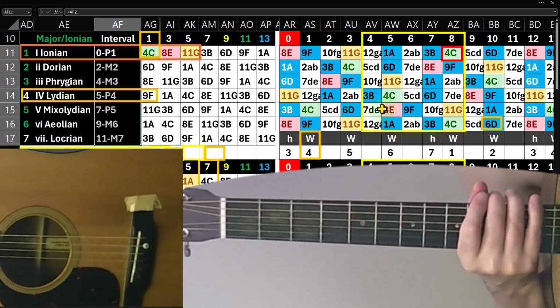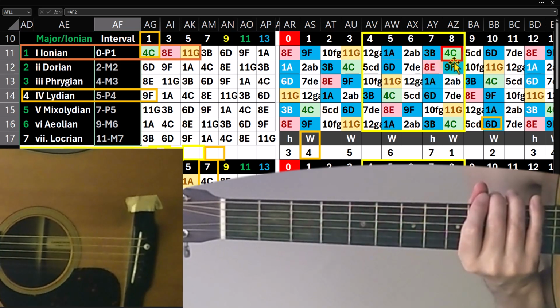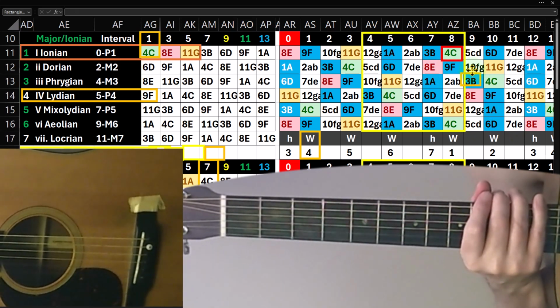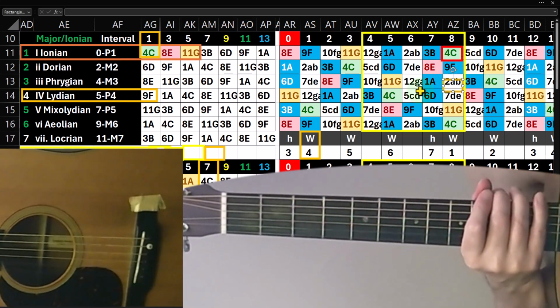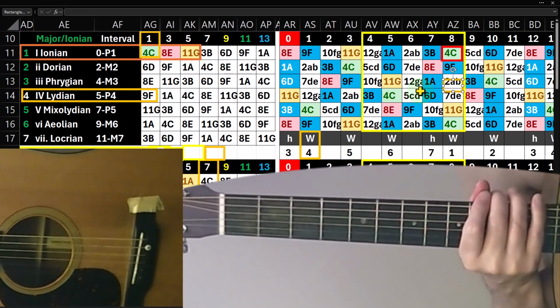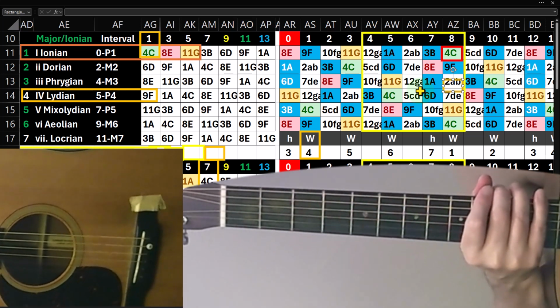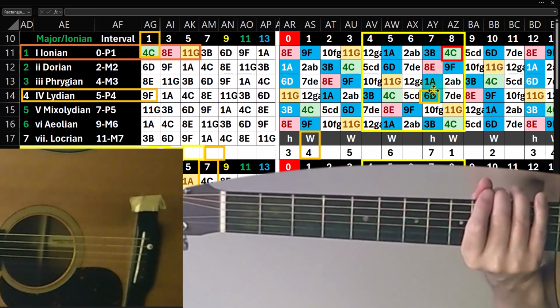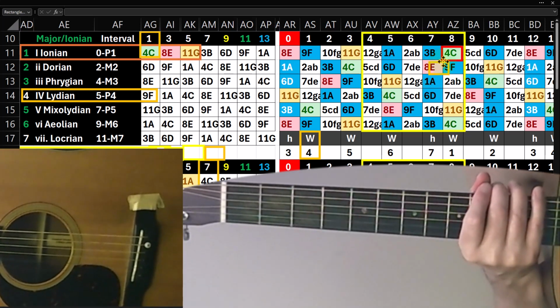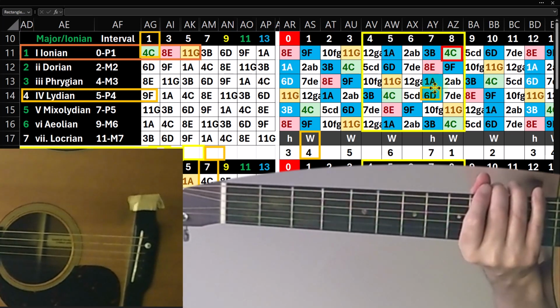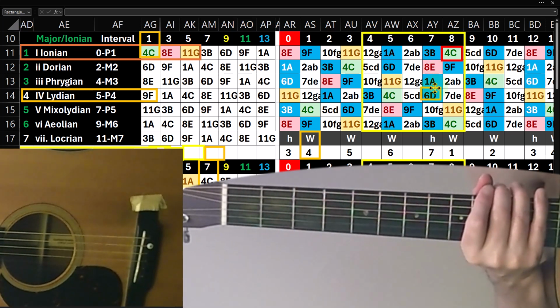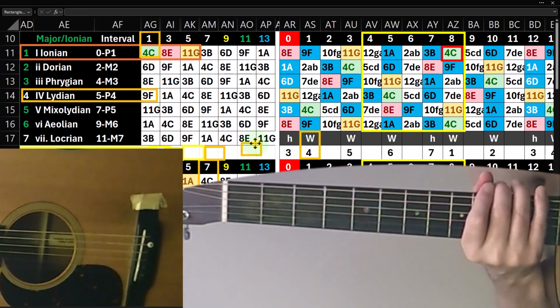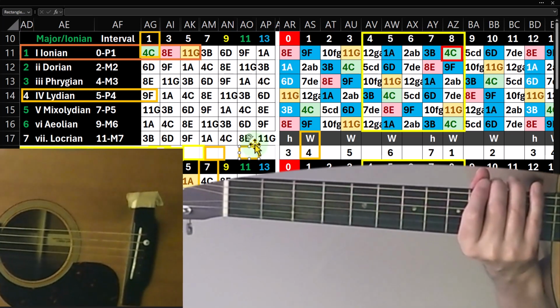So if you're walking up the scale, I could break up the scale anywhere I want if I know whether I'm taking a whole step or a half step, and I know where the whole step and half step intervals are on each string, because then I can easily jump to that point on any of the other strings. So that's one of the reasons that I think it's useful to learn this concept.